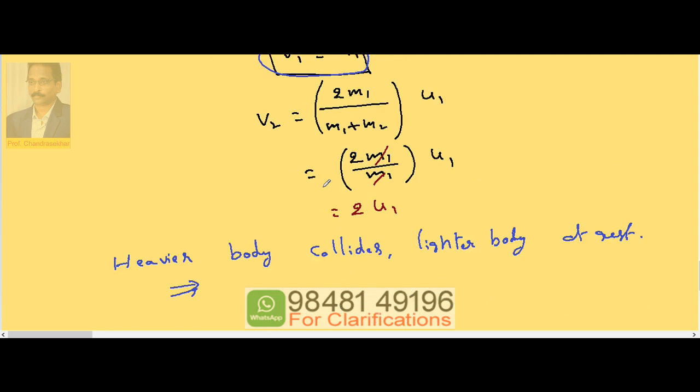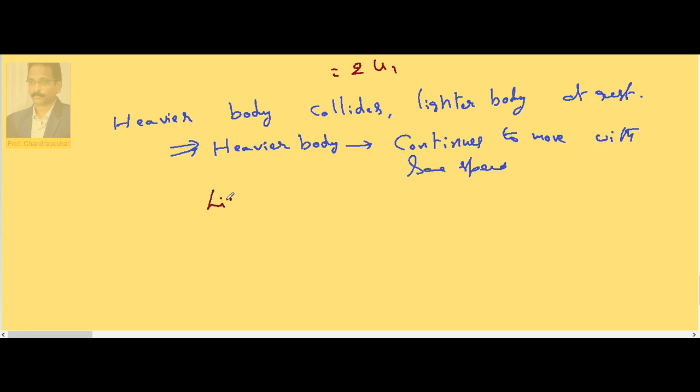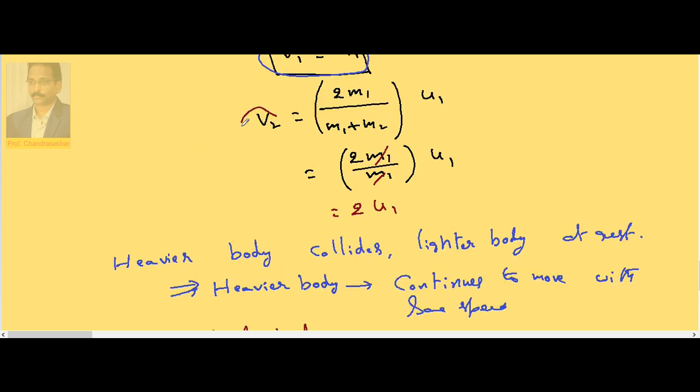That means the heavier body continues to move with the same speed, and the lighter body, which was originally at rest, has velocity v2, which is 2u1.